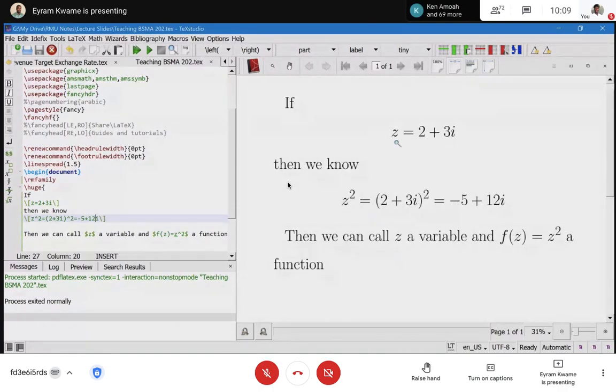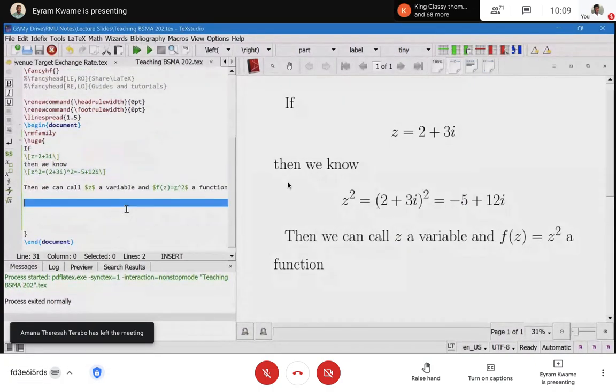From this, it means that I can call z a variable, and then f of z is this.